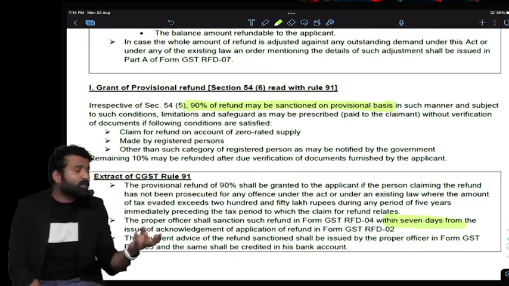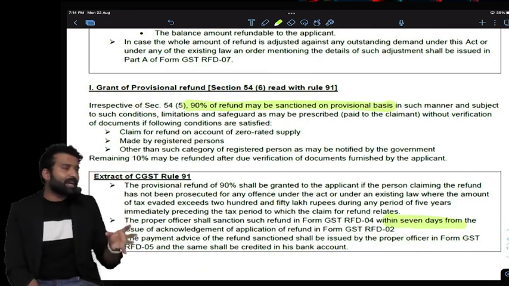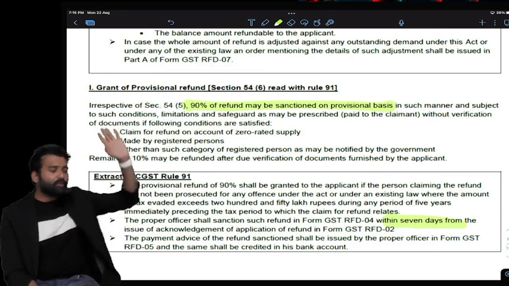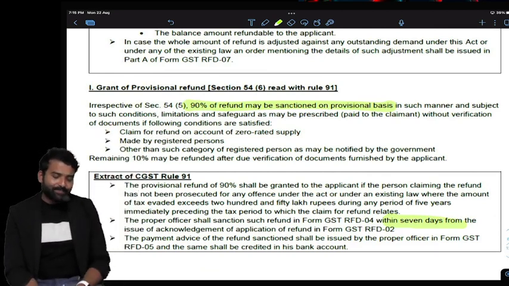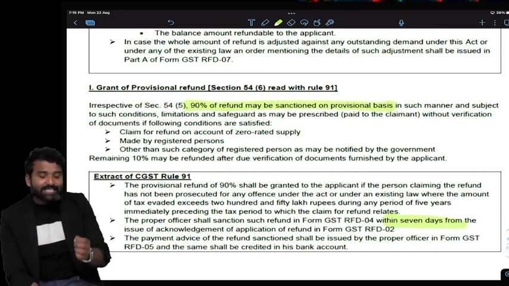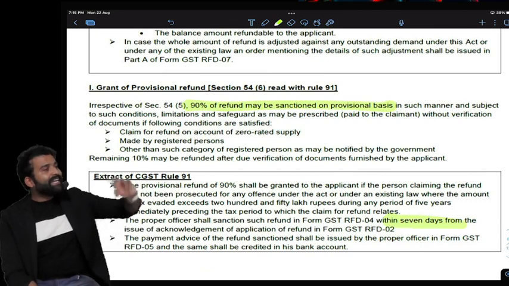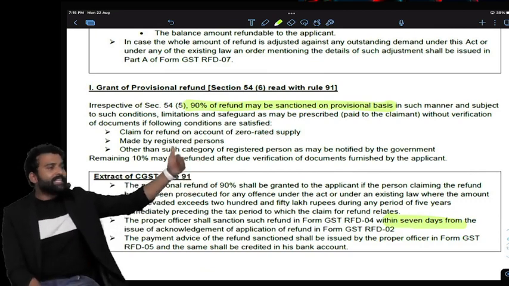And how much is the provisional refund? जितना भी refund total claim किया है, 90% of that refund we will provisionally allow you within 7 days. Yeah, but important is they will check your application, they will check all the documentation. Remaining 10% refund they will issue later.